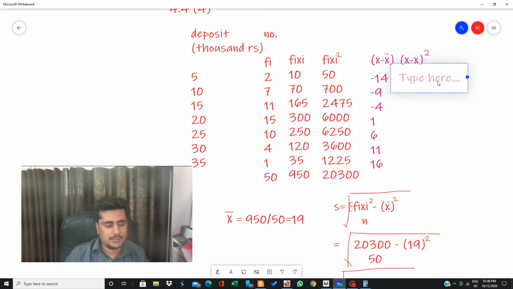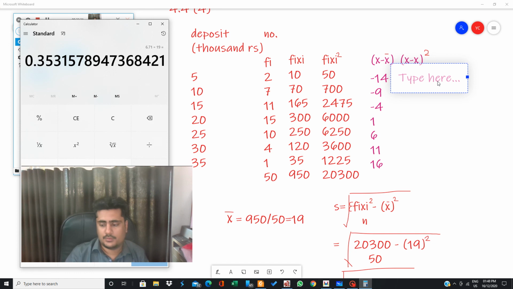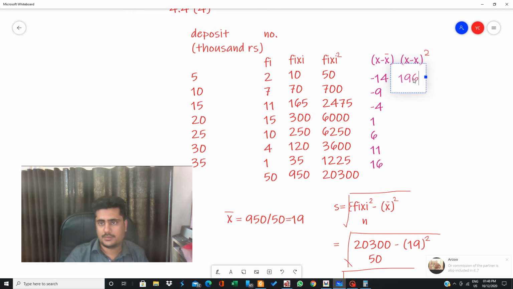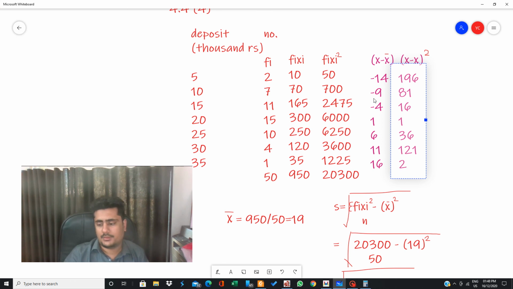Now your x minus x bar square is 14 into 14, that is 196. 9 into 9 is 81. 4 fours are 16. 1. 36, 121 and 16 into 16 is 256.